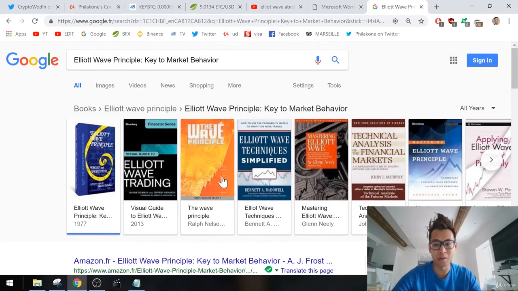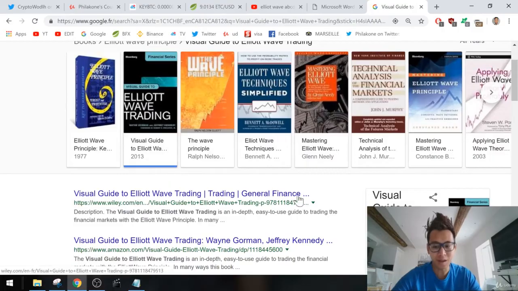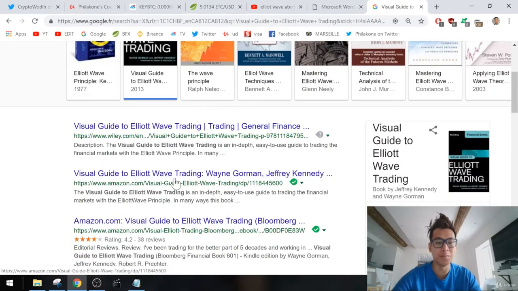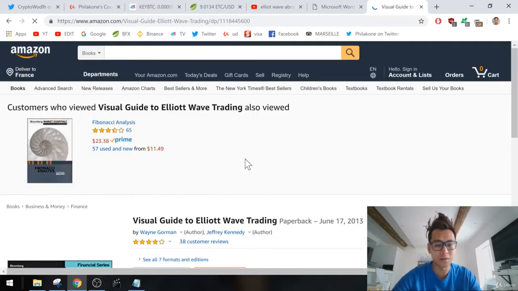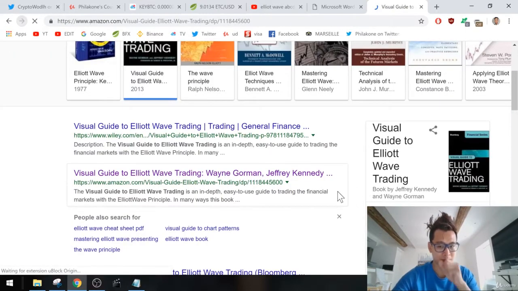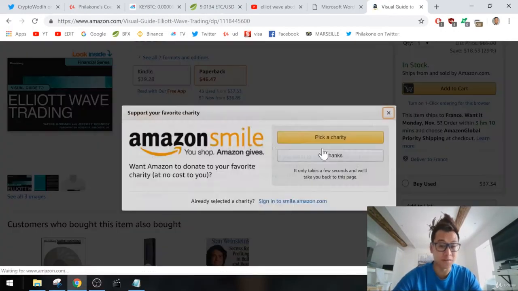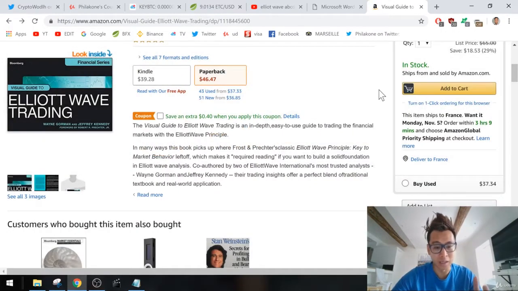And the second book that I highly recommend is the Elliott Wave Visual Guide. This visual guide is a phenomenal book, guys. It's got so many different visuals. Oh no, not that one. Actually, yes, it was that one. This is lower. So check this one out right here. It's a little expensive. It's about $50, okay? But you know what? It is absolutely a great book for you guys to take a look at.